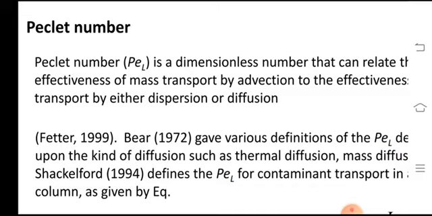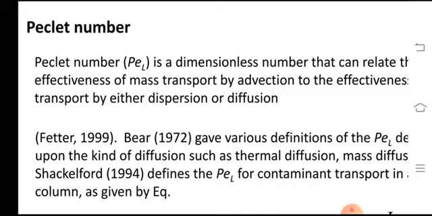So once the contaminant in the aqueous phase is determined, and at some other place, if it is not found in the aqueous phase, where has it gone? Definitely it has been attached to the solid particle, or the other option is that it has passed that section and is no more there. So two processes are involved: the advection process and the attachment process, that is the sorption process.